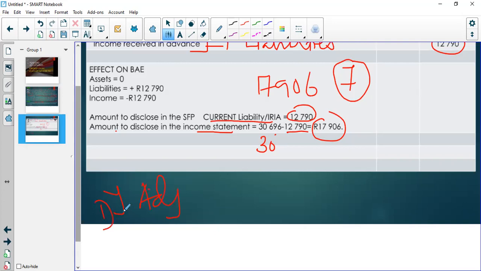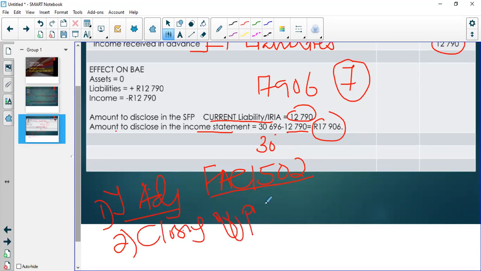For your assessments, if you're doing FAC 1502 in particular, but for other modules, you can just be balanced depending on how the examiners test you. But for FAC 1502 with UNISA, you need to focus more on year-end adjustments and closing off procedures, more on this than others.